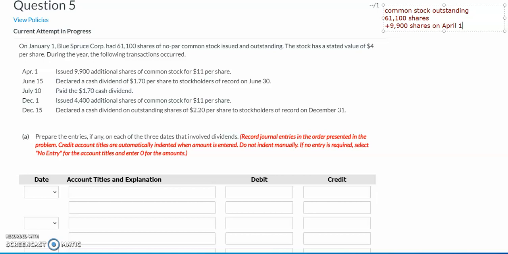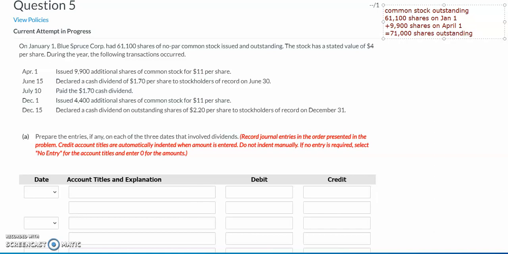And our initial shares was on January 1st, the existing shares. So now I want to know, what's my total number of shares outstanding at this particular point in time? So I'm going to add up both of these numbers to notice that I have 71,000 shares outstanding so far.